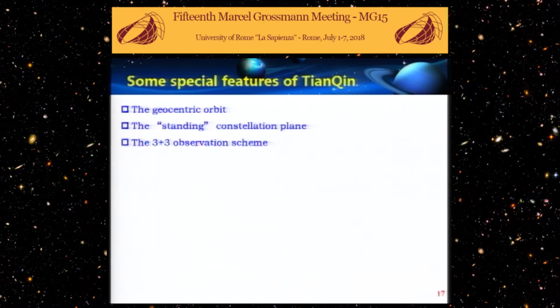And here I need to emphasize some special features of TianQin. First of all, the remarkable difference between TianQin and LISA is that our orbit is geocentric, and LISA is heliocentric. This is the most important difference. And the second one, I will explain what it means: the constellation plane is standing, because our system is not in the elliptic plane, but in the vertical direction.